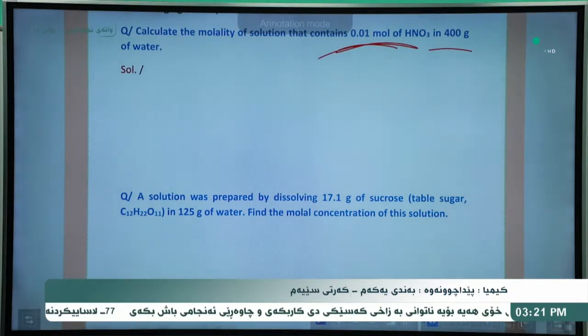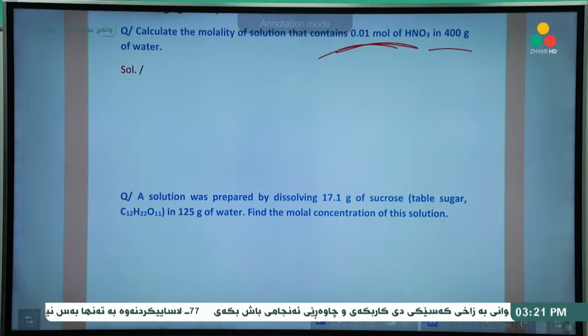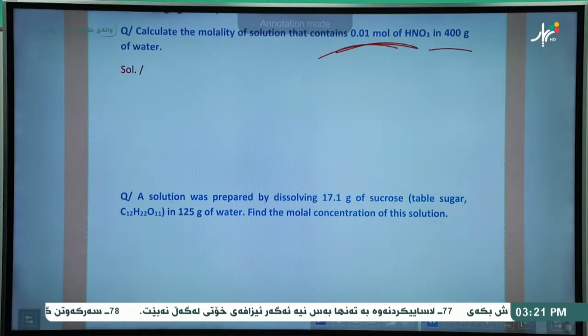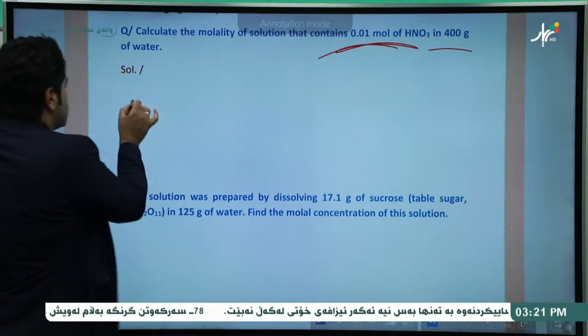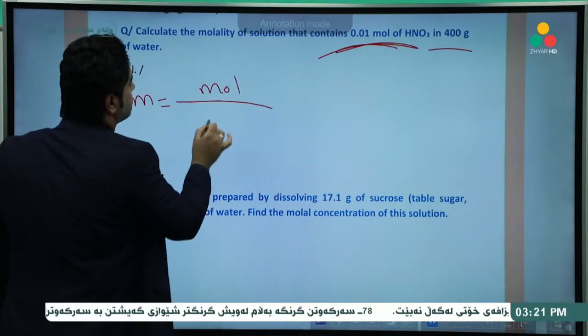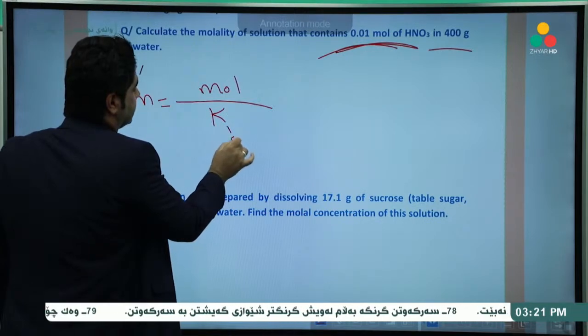Do you remember the equation of the molality? Molality is equal to mole of solute per kilogram of the solvent.